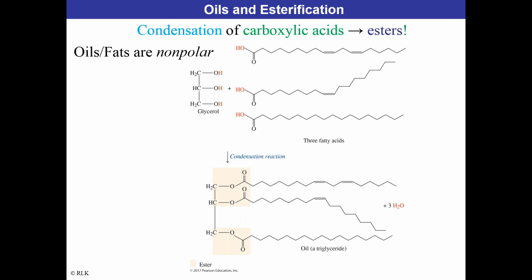Anyway, let's get back to the esterification process, the condensation reaction. Here is an example where you have glycerol, a 3-carbon alcohol. I think I mentioned in one of my demos that glycerol, or glycerin, is a very viscous liquid, and it's typically used as a humectant.